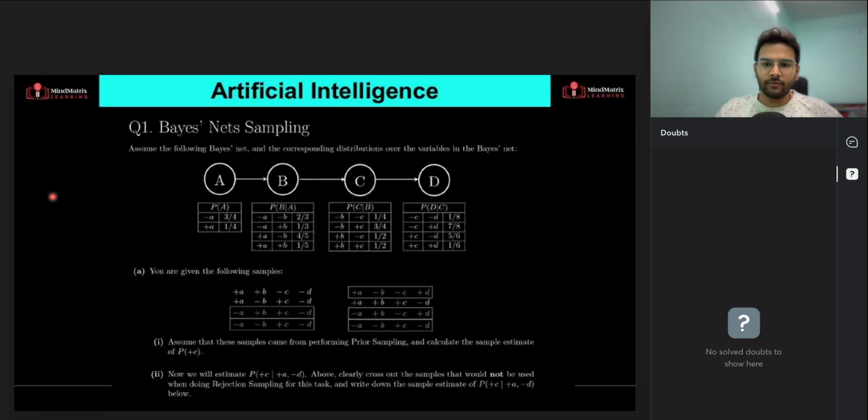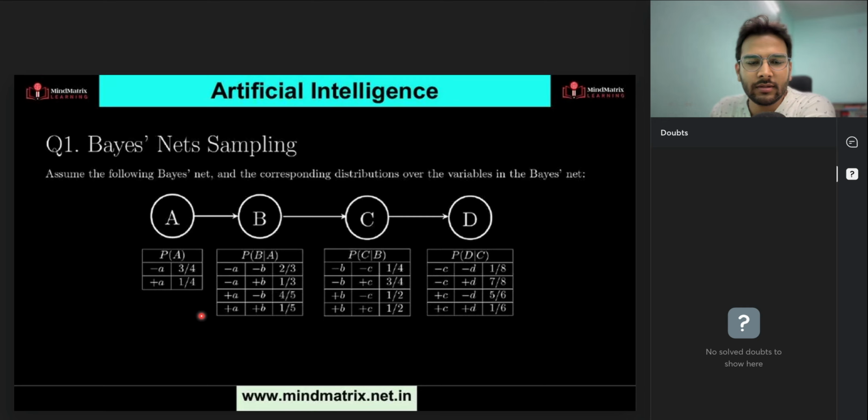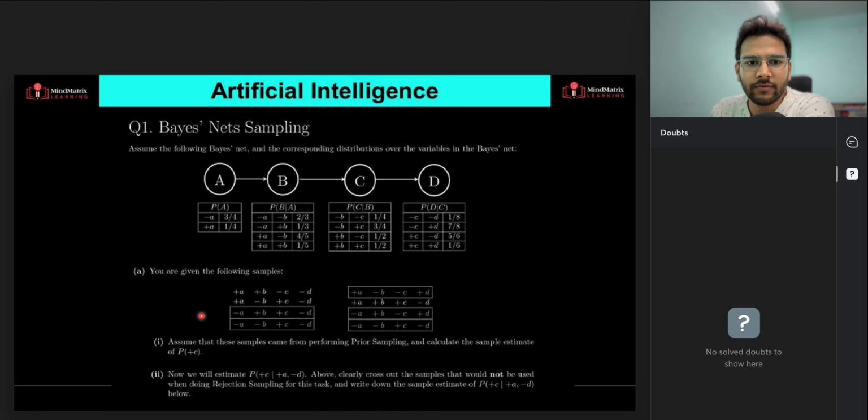Visible, na? Okay, fine. Somewhat. Okay. Yeah, if you carefully observe, you will be able to see what the values are, right? Okay, so this is the entire one question, and it has many parts.